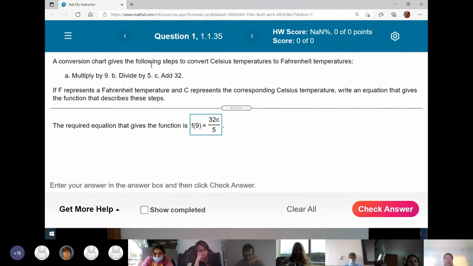A conversion chart gives the following steps to convert Celsius temperatures to Fahrenheit temperatures. You multiply by 9, then you divide by 5 and add 32. And what they're wanting you to do is write the formula.